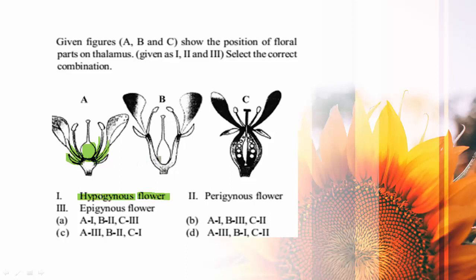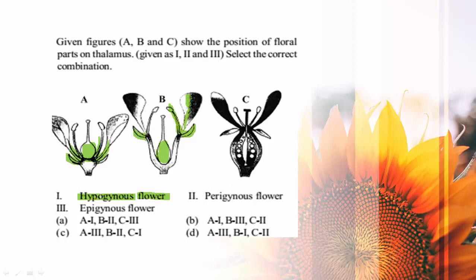Then here, this is the thalamus, and in this case the ovary is situated here. Look at the position of calyx, corolla and androecium. Where are they present? They are present on the sides.